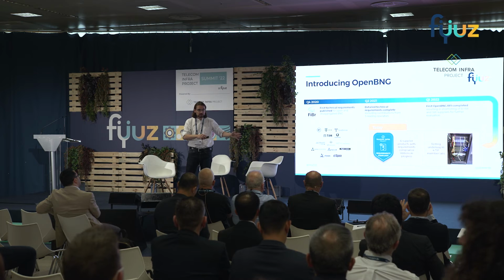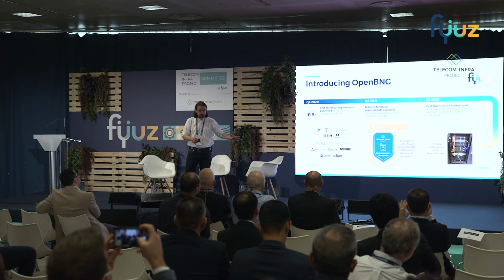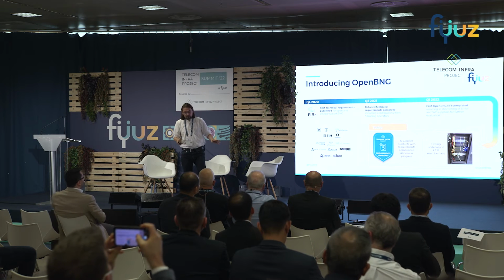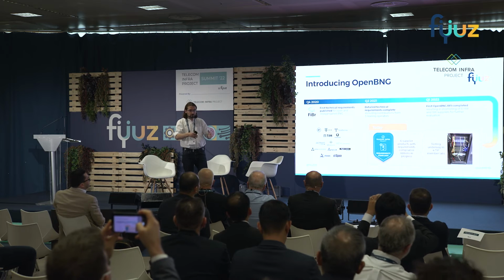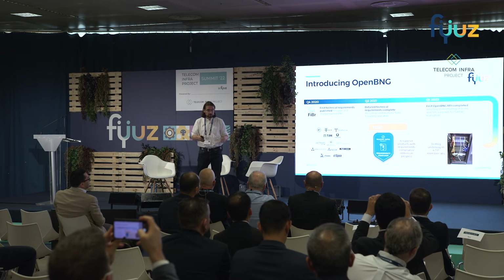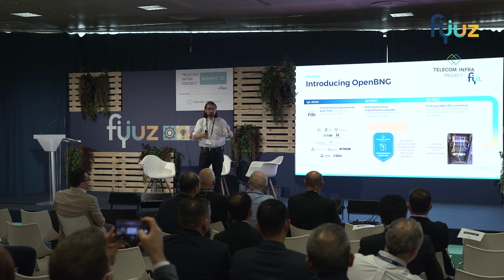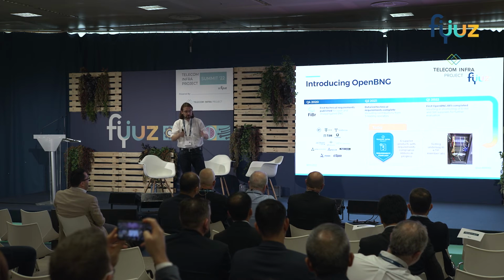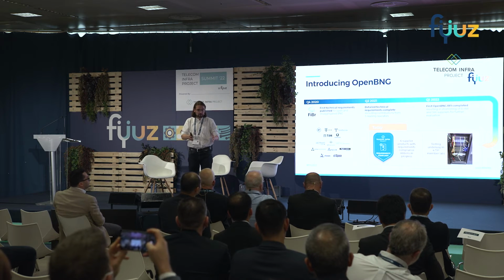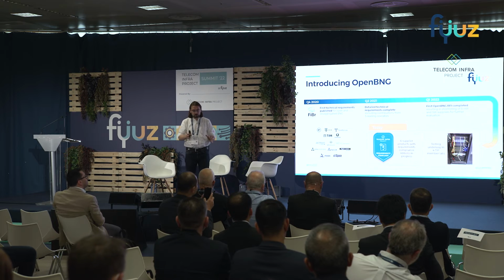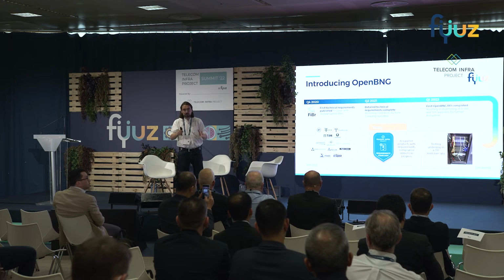With that introduction to the state where we actually are. We started around 2 years ago, and this described the first technical requirements document, which is a very high-level description of what a BNG is, what it's doing, what elements are important, and how we see it to be organized.